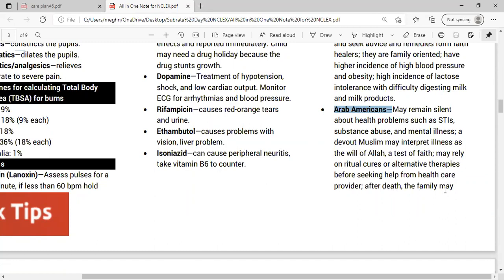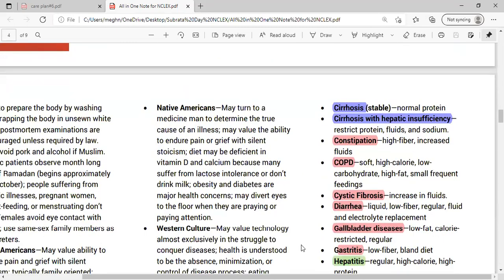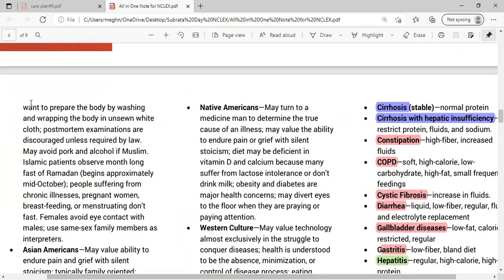After death, the family may want to prepare the body by washing and wrapping it with a white cloth. Post-mortem examinations are discouraged unless required by law, and they may avoid pork or alcohol if Muslim.